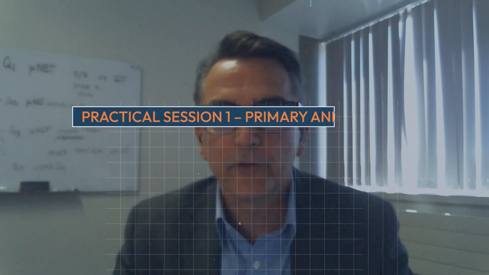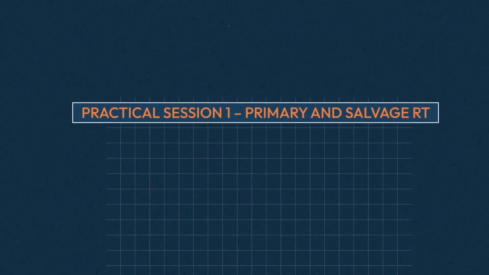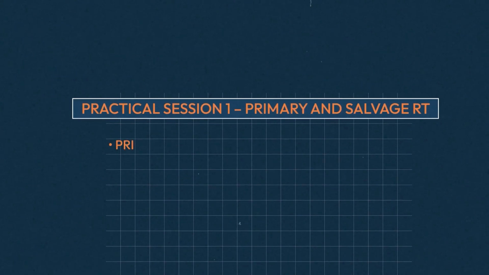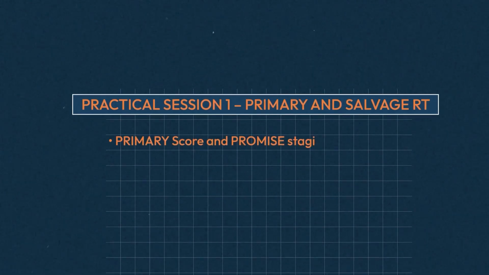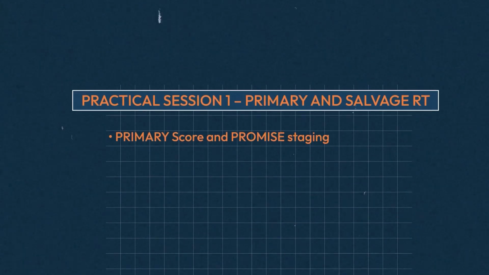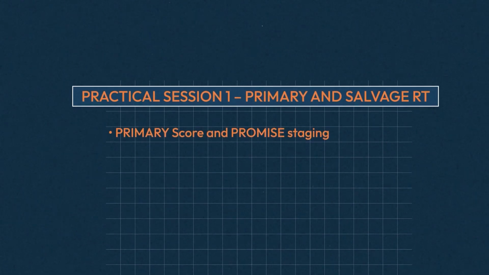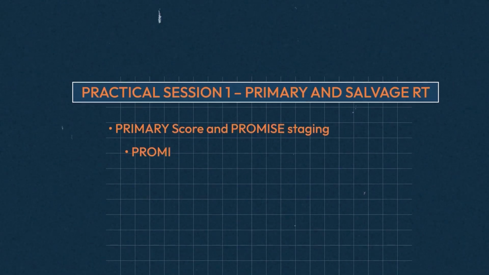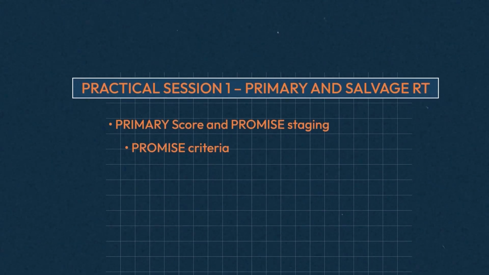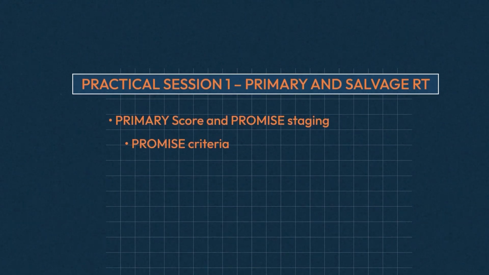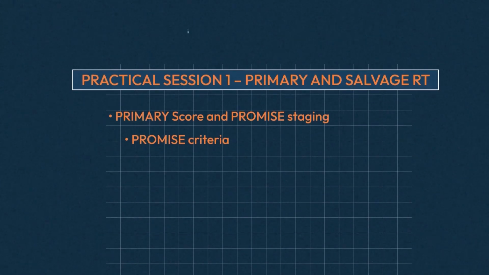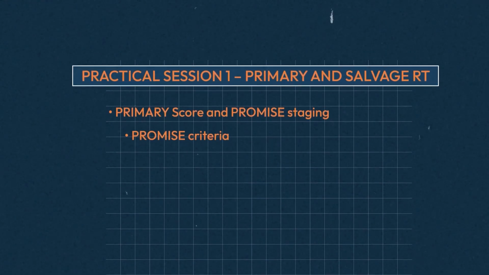So in our first practical session, we'll talk about primary and salvage pelvic radiotherapy. We'll cover off some of the standardized scales that are available for interpreting PSMA PET imaging and how that can influence the design of our radiation treatments.